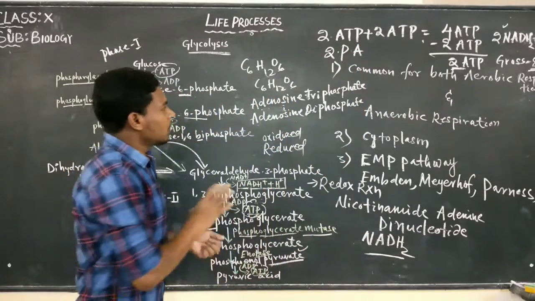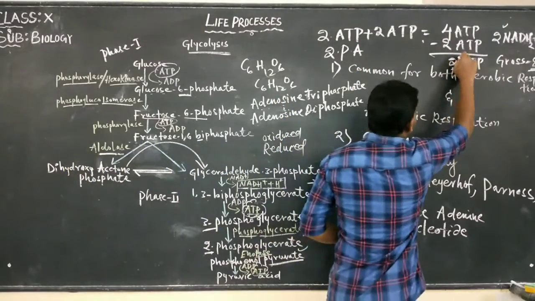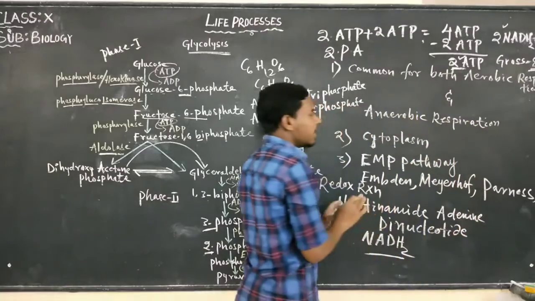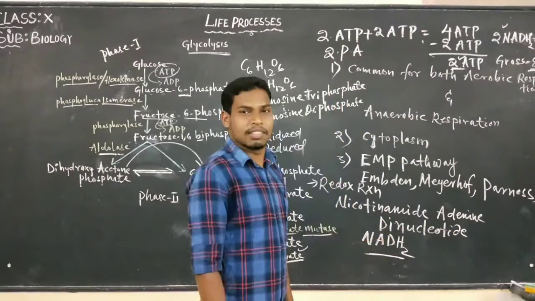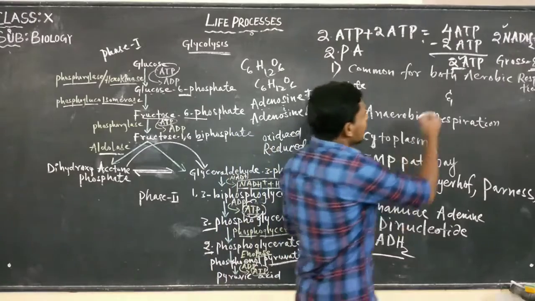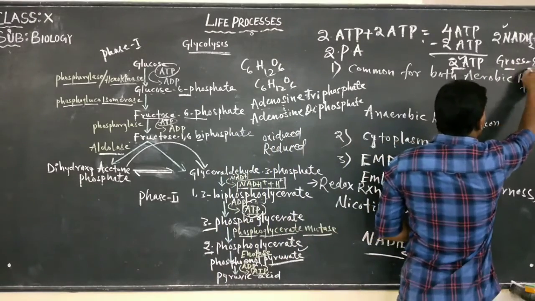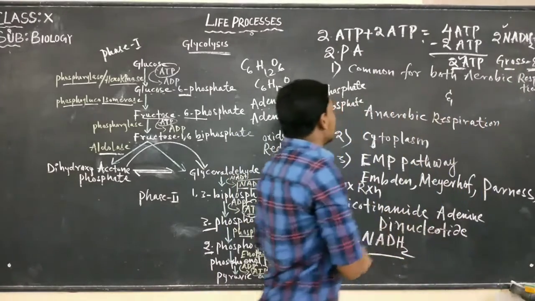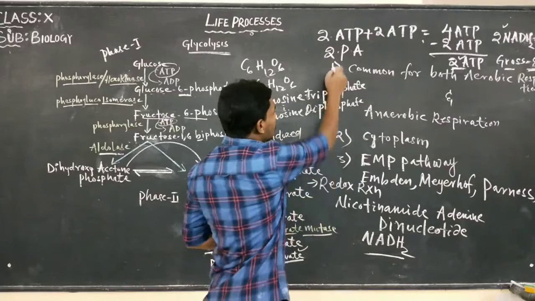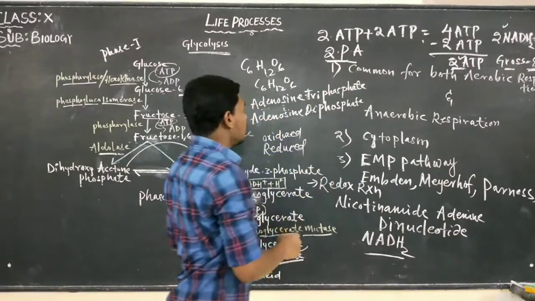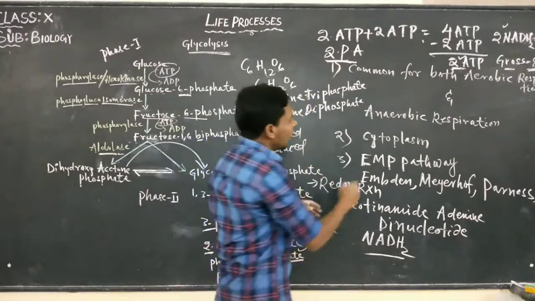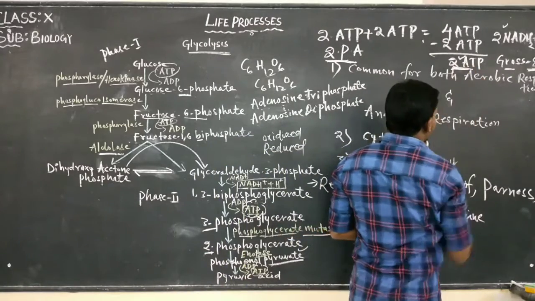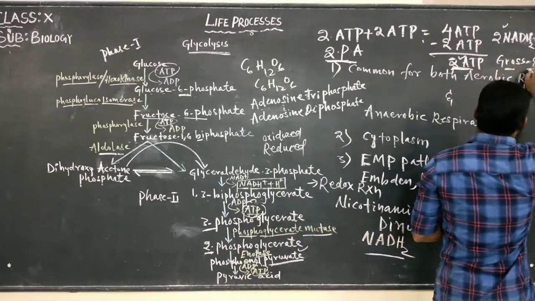So we need to keep in mind the 2 ATP net amount, and the gross amount of ATPs is 8 ATPs. In this glycolysis process 2 pyruvic acid are formed, with 2 net ATP, and the gross amount of ATP is 8.